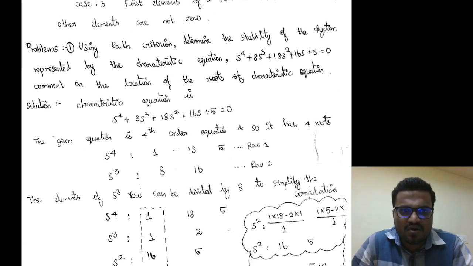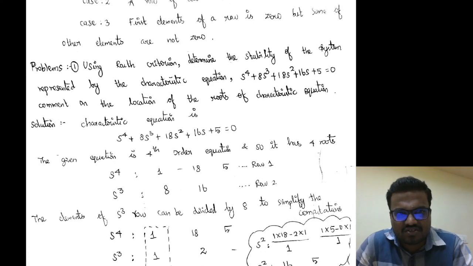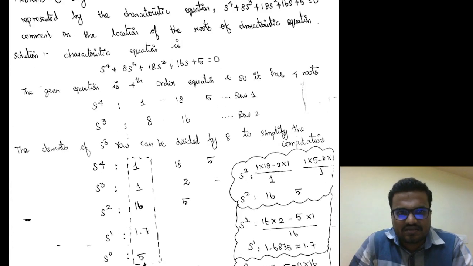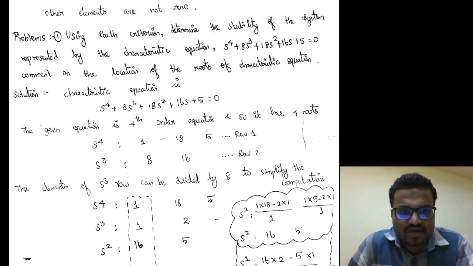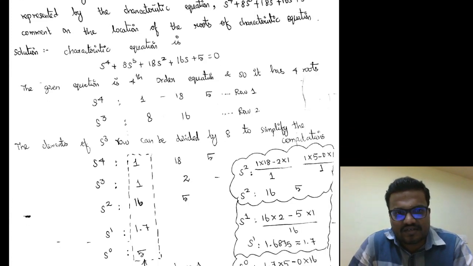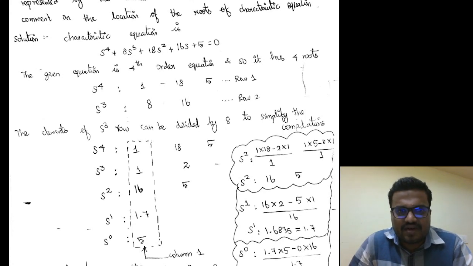This is one of the problems which will be asked in the Routh-Hurwitz criterion. The problem is given as s power 4 plus 8 s cube plus 18 s square plus 16 s plus 5. Based on the properties, initially we take the highest root value, s power 4, then s power n minus 1, s power 3, and the remaining s power 2, s power 1 and s power 0.